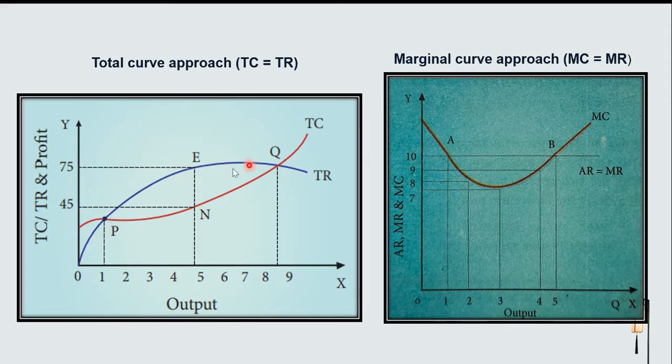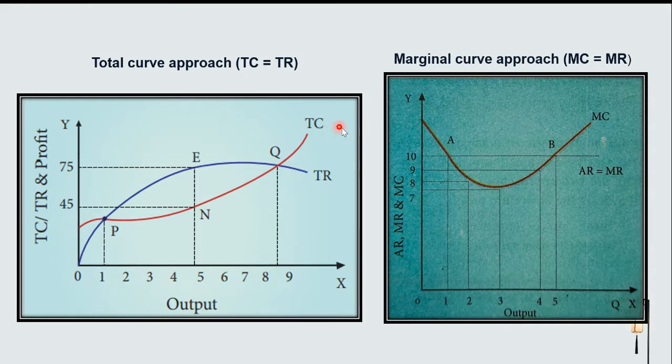This blue curve indicates total revenue. The TC curve, the red curve, is represented as the TC curve. If you see the TC curve, it starts from the y-axis. Why does it start from the y-axis? Because we have already seen TC is the summation of total fixed cost and total variable cost.